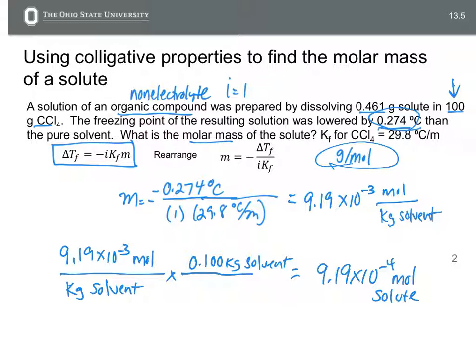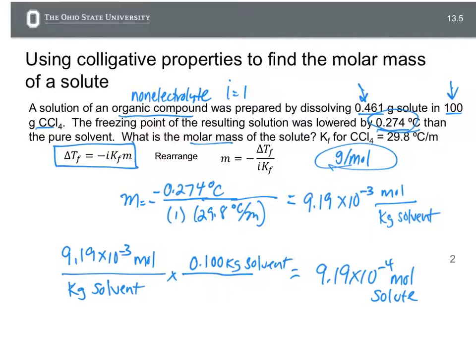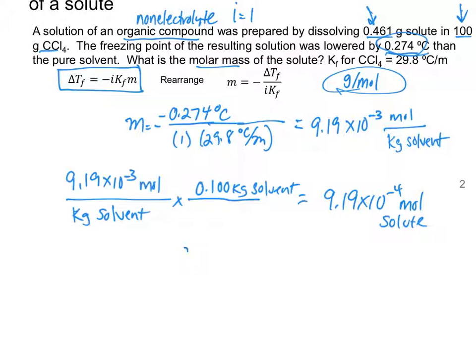Okay? The other thing we're told in the problem is that we started with 0.461 grams of solute. We put that in the solution. And from all of our calculations, we know how many moles that is. So now we can simply take the grams that was given in the problem, 0.461 grams of solute, and divide by the moles that we just calculated. Is that right? Yeah, that's right.